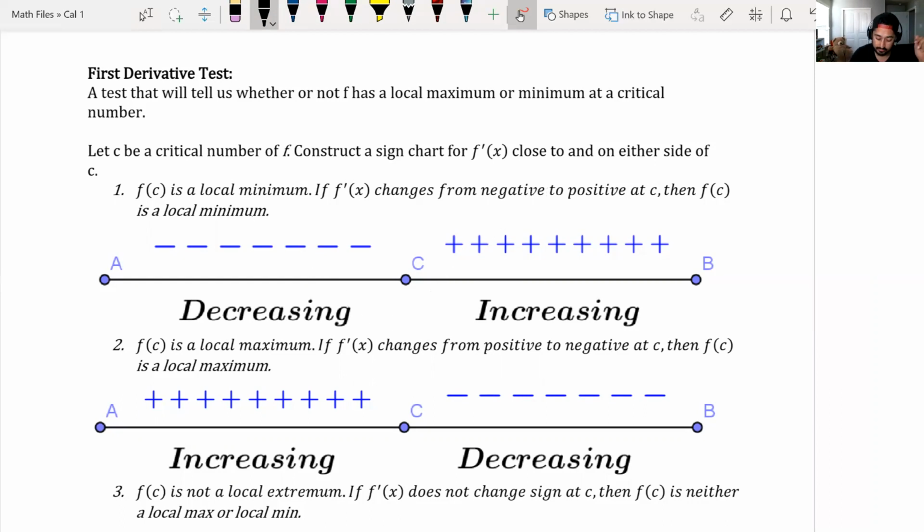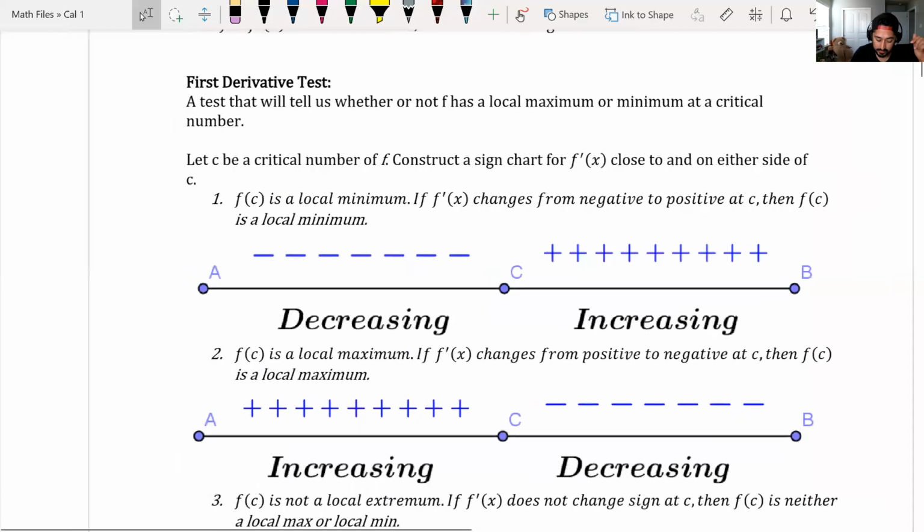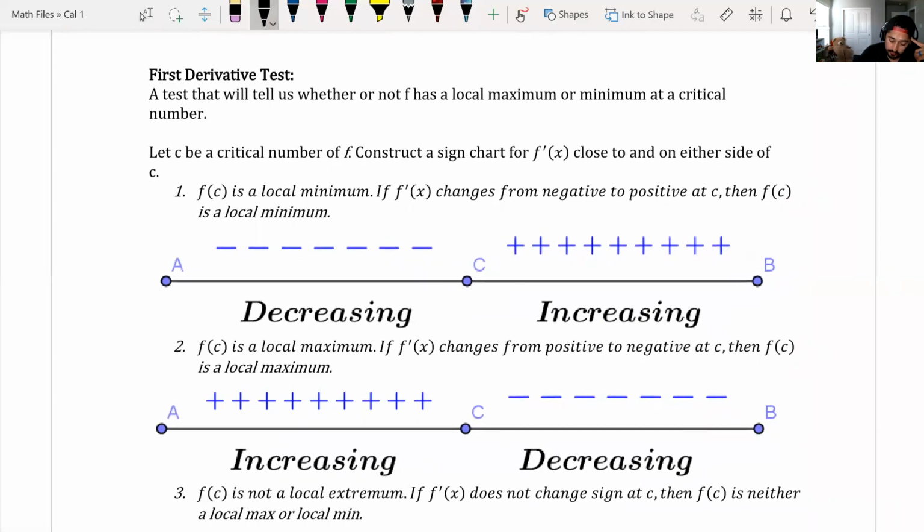If I drew a better graph of it, maybe here. If my function decreases and then increases, that point would be a minimum.